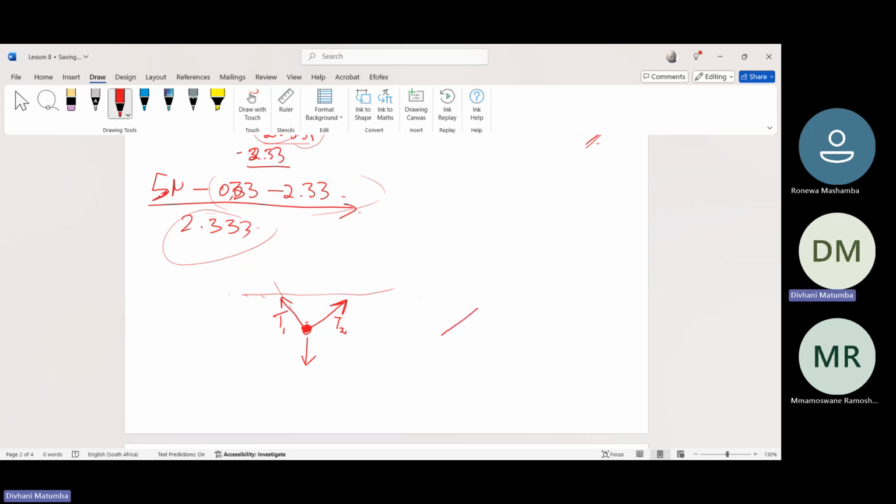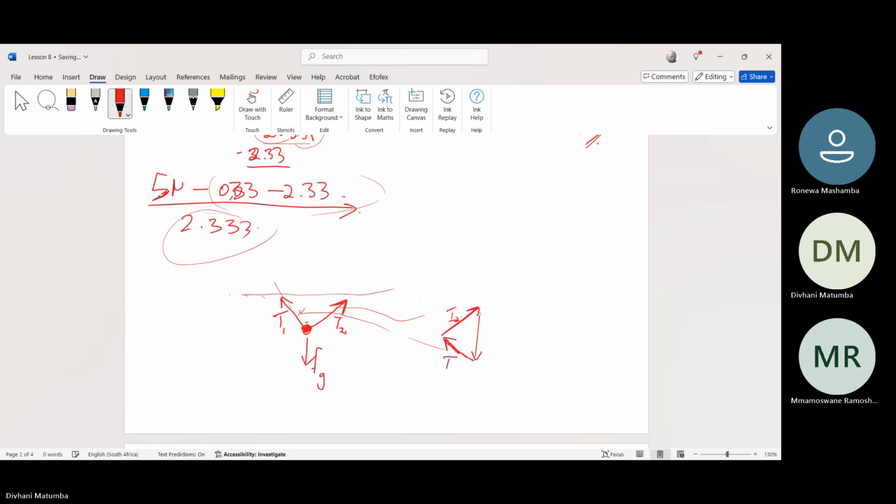You're going to transfer T1. You're going to transfer the force of gravity. Then you're going to transfer T2. Then you're going to transfer T1. It will maintain the same direction.